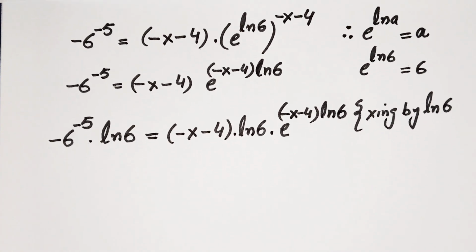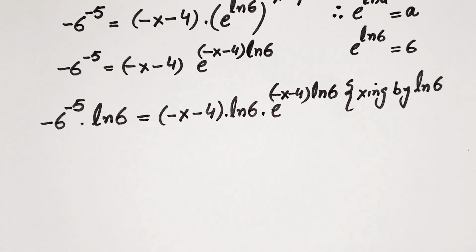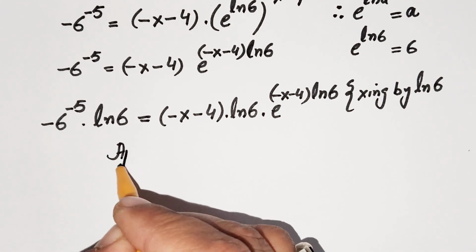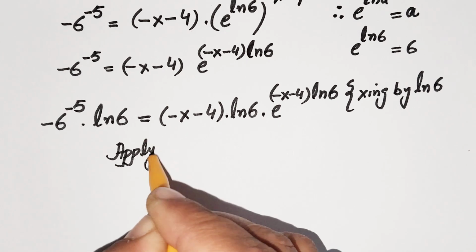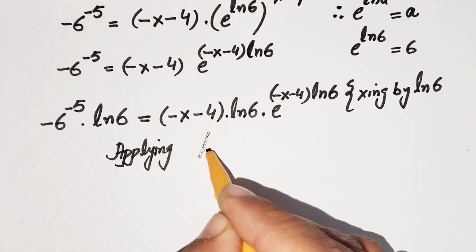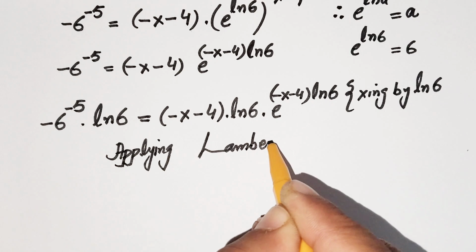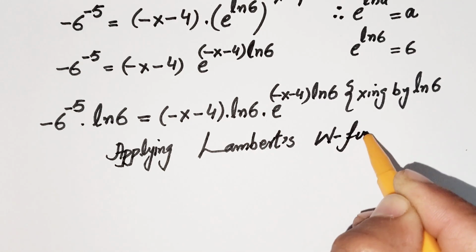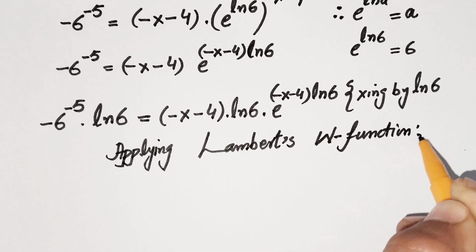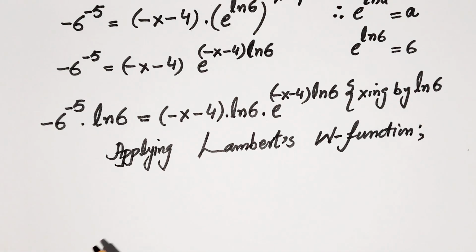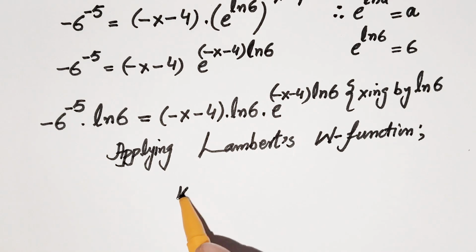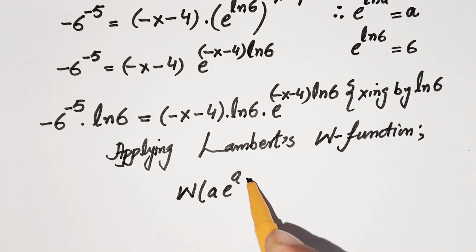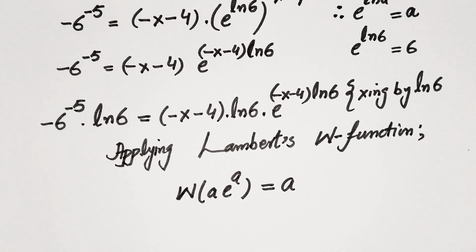So now here we see that if we use here Lambert W function, so applying Lambert W function here, then we have, as we know that Lambert W function is a e to the power a, it will be equal to a.